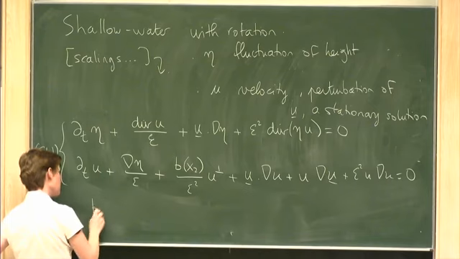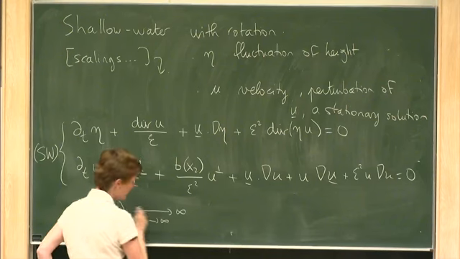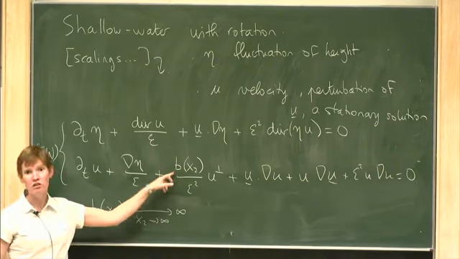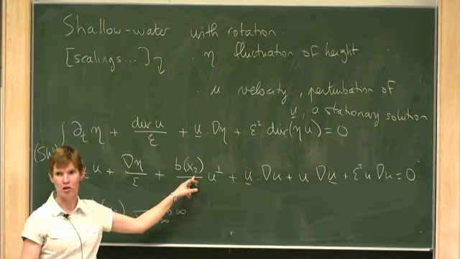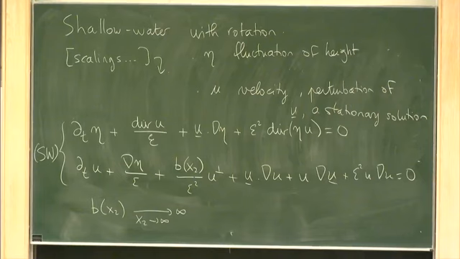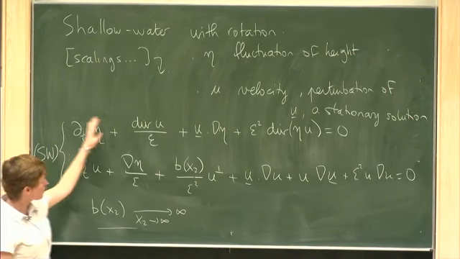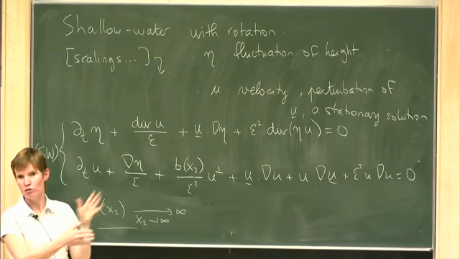Actually, I do care that b should go to infinity as x2 goes to infinity. So, of course, physically I'm doing the beta plane approximation near the equator. So you could imagine b of x2 is just x2. Okay, that's the beta plane approximation. And then I'm saying x2 is going to infinity, which physically is sort of not very physical, right? But what happens is that the waves associated with this equation here, with the linear part, are confined near the equator, as you probably know, and we can prove, right?